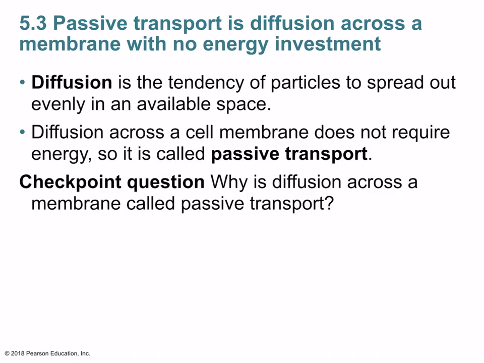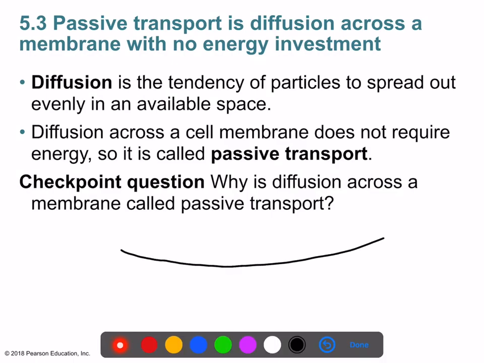So why is diffusion across a membrane called passive transport? Again, it's because substances are just simply moving from high concentration to low. No energy is required in this case, and also no transport protein is required. Here's an example of what I mean. So let's say that we have a membrane here, okay? And we also have a variety of substances collected on one side of the membrane, very few on the other side.